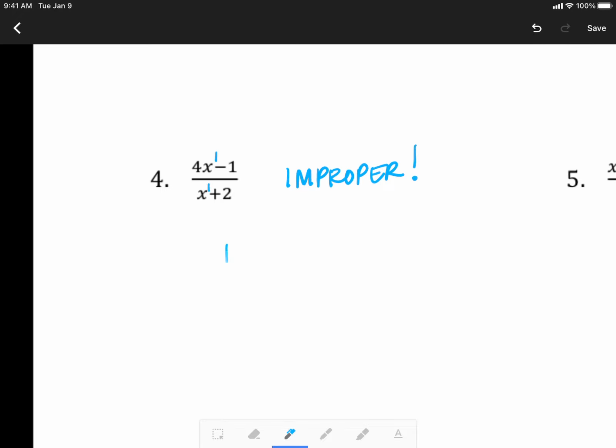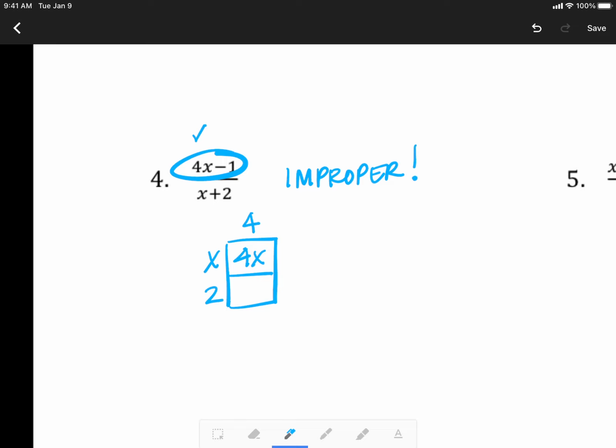So x to the first means we just need one column. Yes, this box looks super weird, but we're still doing the same process. We're dividing by x plus 2, so that goes along the side. And now I'm going to start filling in what we have in the numerator. 4x goes in that top box. And I need to multiply by 4, so 4 times x gives me 4x.